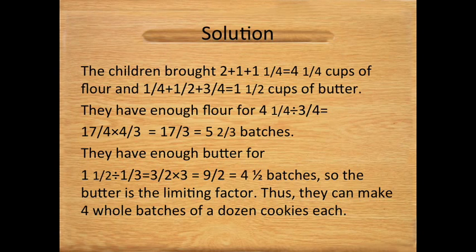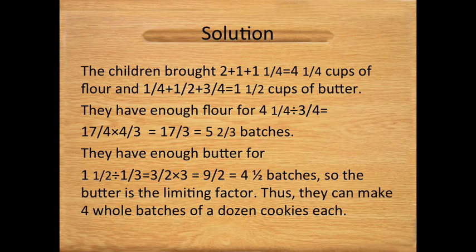So in looking at this, we have to determine how many 3/4 cups of flour are contained in 4 1/4 cups of flour, the total flour that they have. So if we do the mathematics there, we'll see that just based on flour, they could have 5 2/3 batches of cookies.